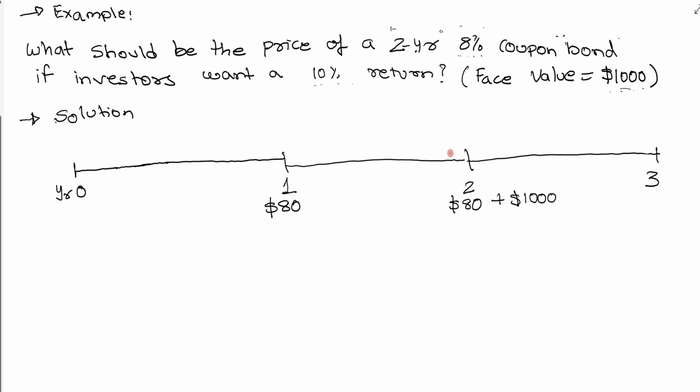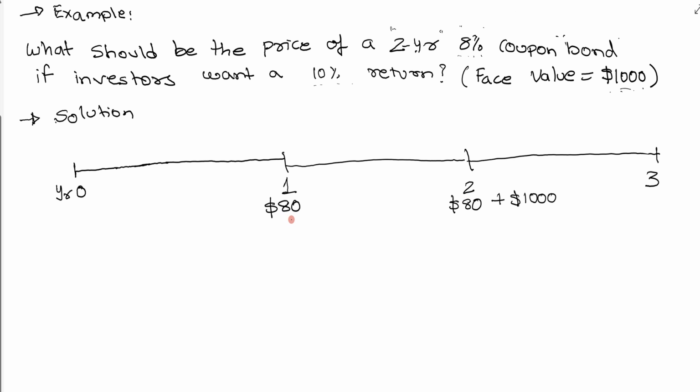So our task is now to value these cash flows, that is $80 after 1 year and 80 plus $1,000 after 2 years. Obviously we cannot simply add these, because these cash flows occur at different points in time.